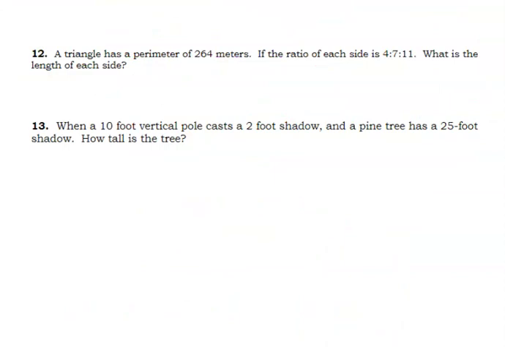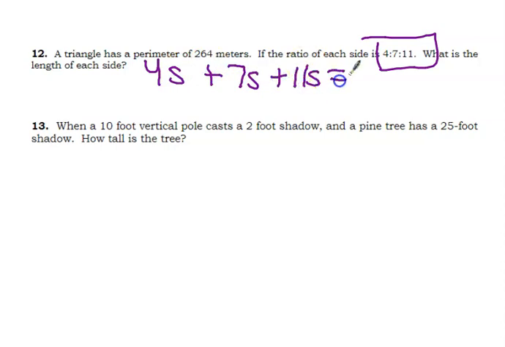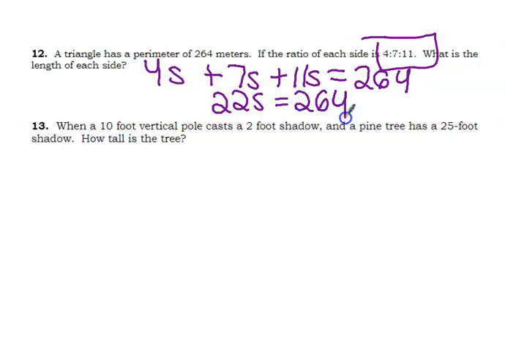Okay, a triangle has a perimeter of 264. If the ratio of each side is 4, 7, 11, what is the length of each side? So again, we're adding it together. So let's do sides: 4s plus 7s plus 11s equals 264. Okay, so add those up. So I've got 22s equals 264.